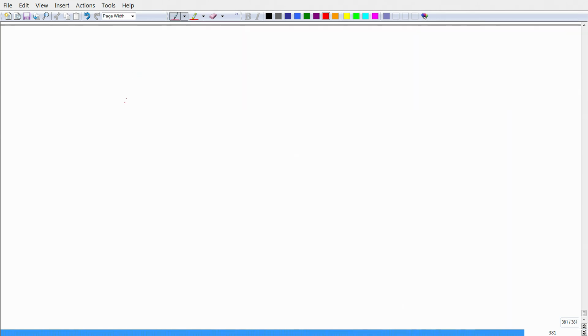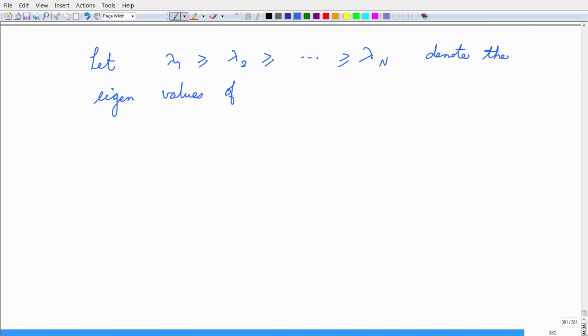right. So, let lambda 1, lambda 2 in this order denote the eigenvalues of the kernel matrix K. Okay.